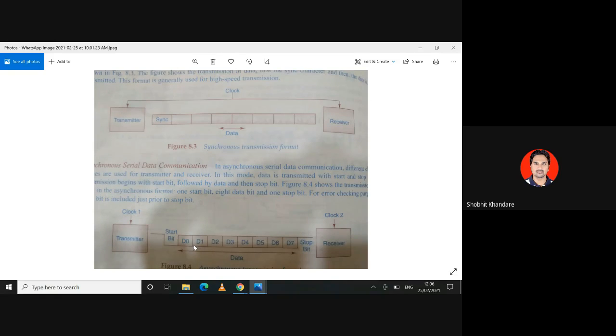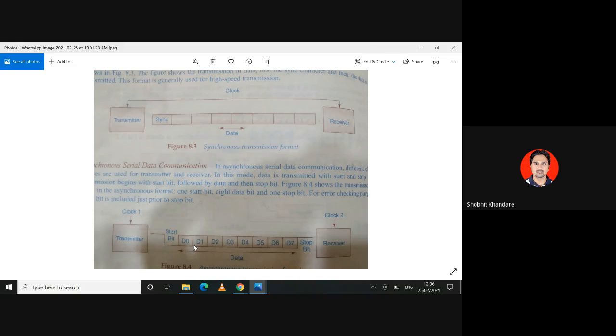The first one that goes is the sync character, to achieve synchronization. So baud rate is mostly applicable to synchronous communication, but not to asynchronous communication, and I have given you the reason for that.